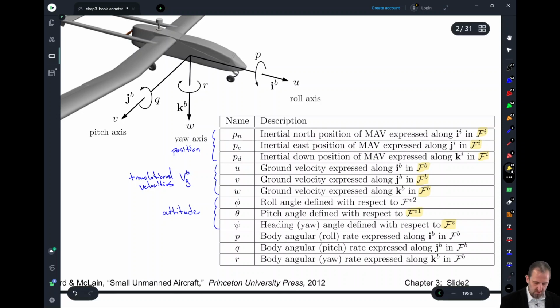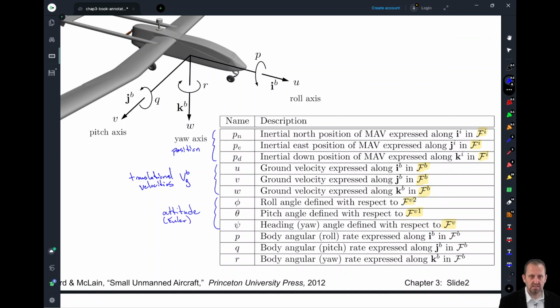And that took us to our vehicle 1 frame, in which we defined our pitch angle, and our roll angle was defined based on the vehicle 2 frame. So we defined each one of the attitude angles, and we called these our Euler angles, right? In a future lecture we'll replace those with quaternions, but anyway, our Euler angles we defined in those three different frames.